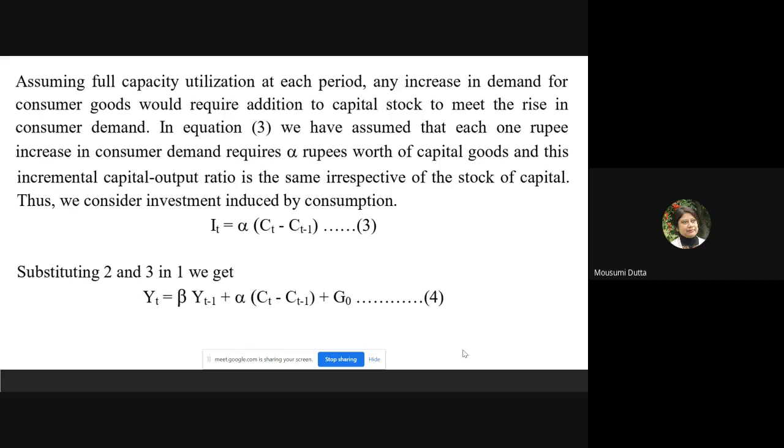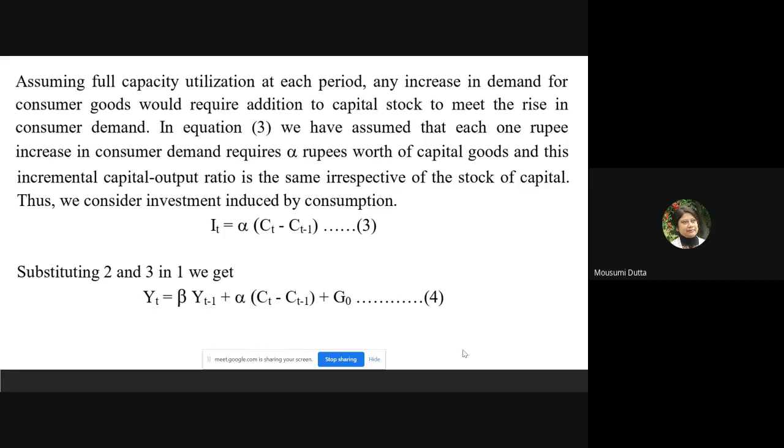So entire capital of T minus 1th period has been fully utilized to meet the consumption demand of T minus 1th period. So if there is any additional or excess demand, excess consumption expenditure, which is marked by Ct minus Ct minus 1, that will be met by new investment.